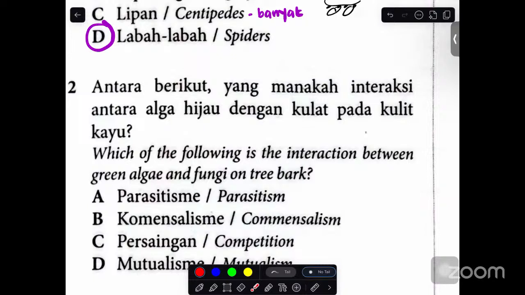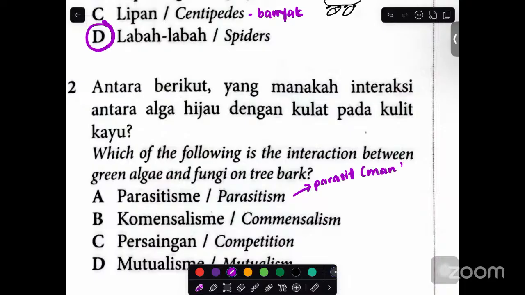Okay, apa maksud parasitism? Parasitism, satu adalah parasit, yang ni akan mendapat manfaat.